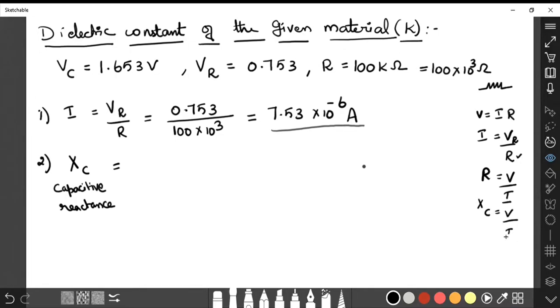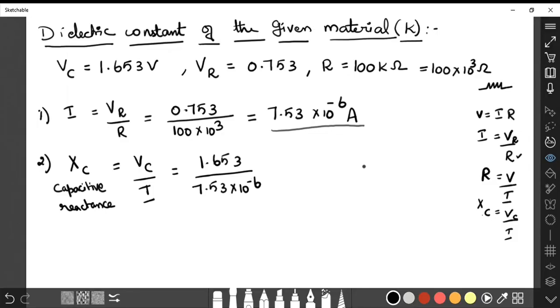This V is for the capacitor, so XC is equal to VC by I. What is the VC value as per our experiment? 1.653 volt divided by our current value, 7.53 into 10 to the power of minus 6.